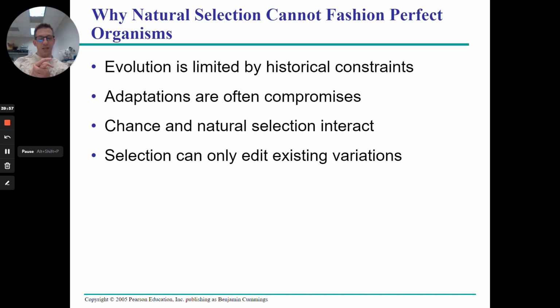Selection can only edit existing variations. Kind of goes along with this historical constraints idea that you see up here. So if we didn't have certain structures in our body to begin with, for instance, walking upright, we're one of the few organisms that walk upright. It's actually quite bad on your hips and stuff like that if they're not shaped properly.